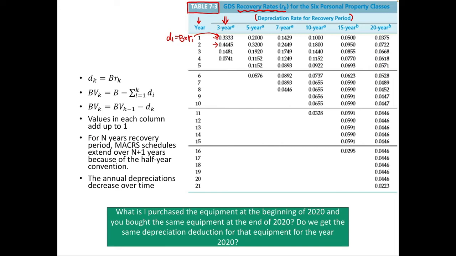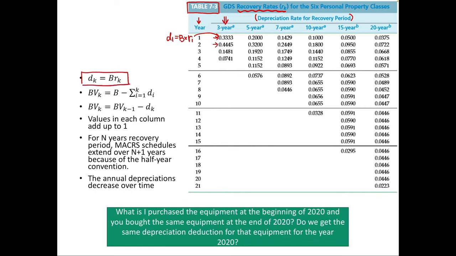Now let's take a closer look at Table 7-3, where you can find the R_k. The reason why you want to use the table to find R_k is that under MACRS, the method requires you to calculate D_k using this formula.